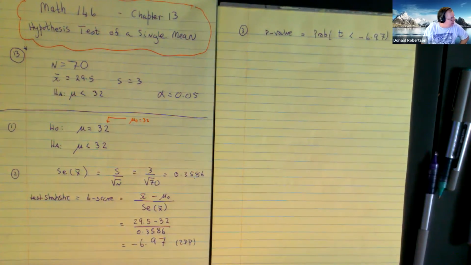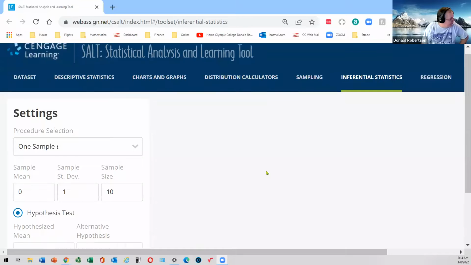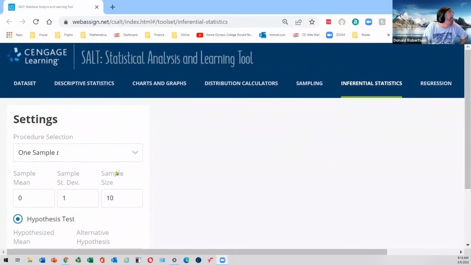So I'm hitting the SALT button, and let's show you what that looks like. Now, in this particular case, it's exactly where it needs to be: inferential statistics, one sample t.